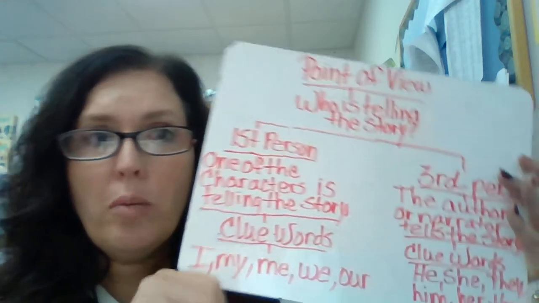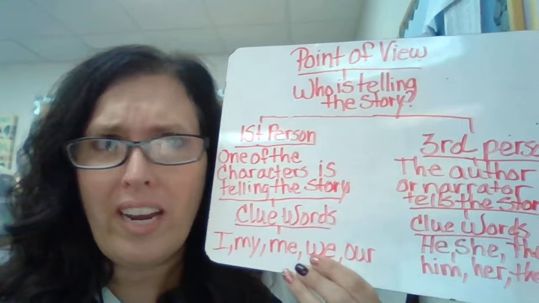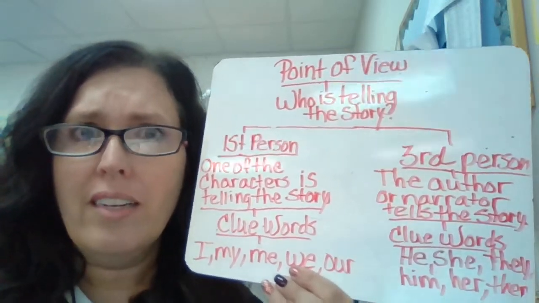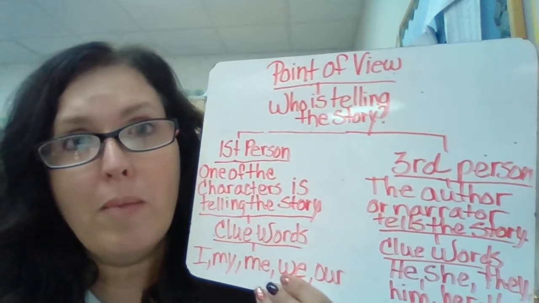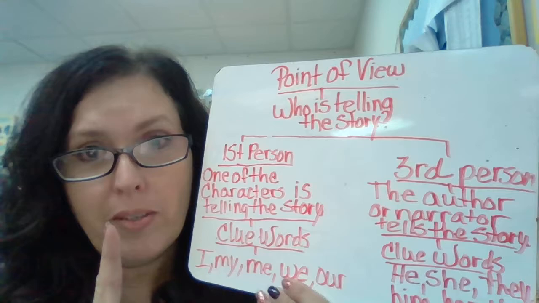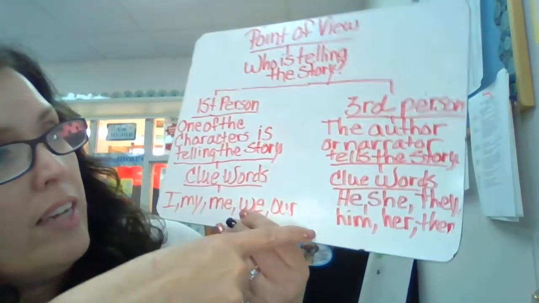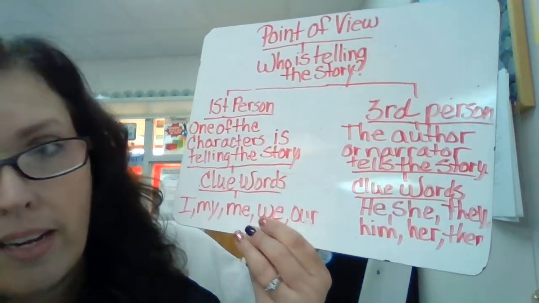Okay, so third person point of view, that's another person coming in telling your story. You're not even telling the story. So that would be like your mom telling a story about you. If your mom tells a story about you, that's in third person. If you tell your own story, first person point of view. Okay, so let's look here. The author or the narrator tells the story.